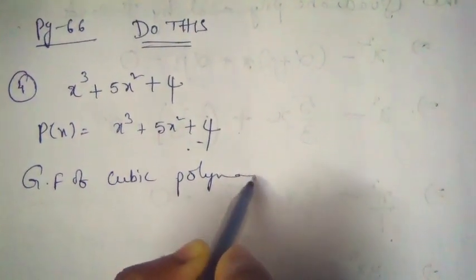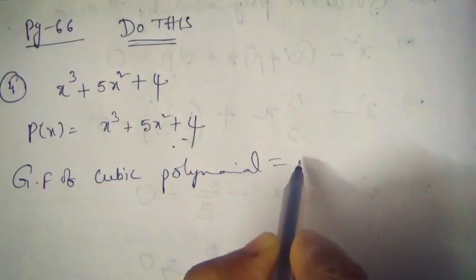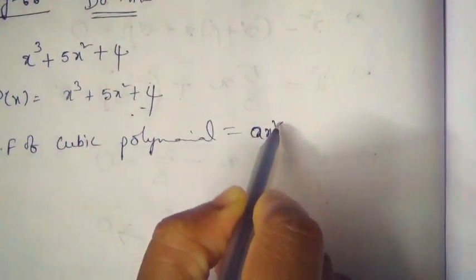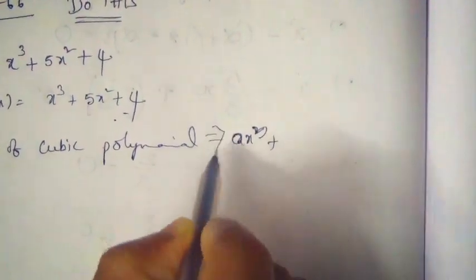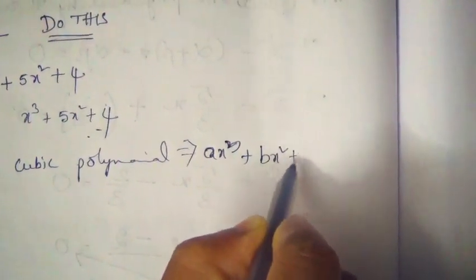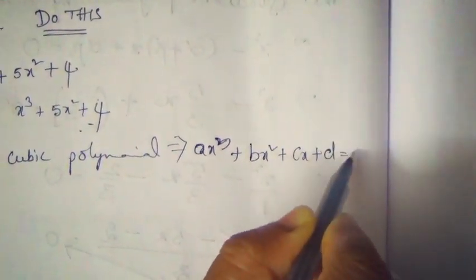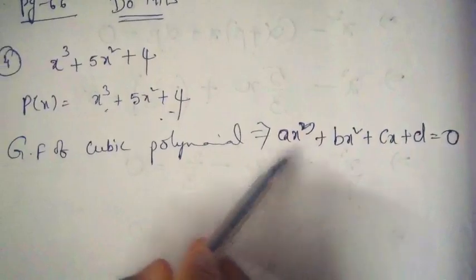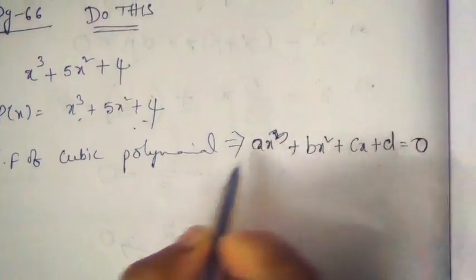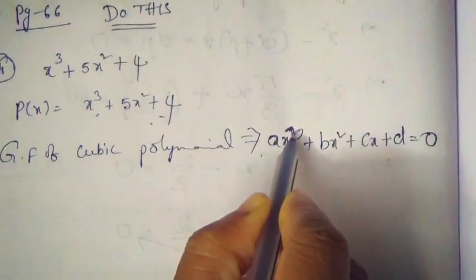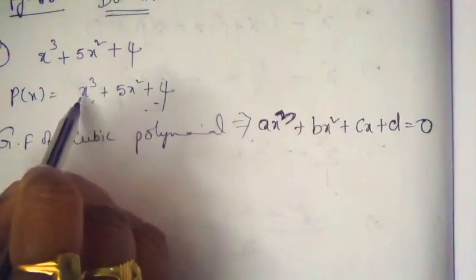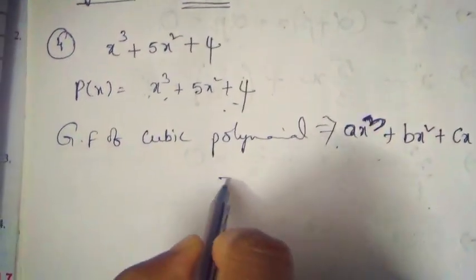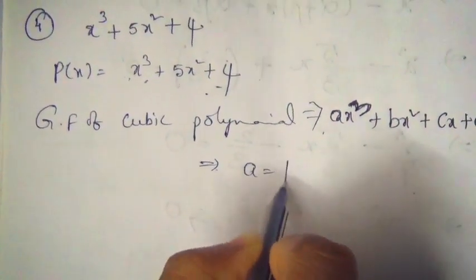The general form is ax cube plus bx square plus cx plus d equals 0. You just compare this with the given polynomial. What is the coefficient of x cube here? 1, right? Hence from above, a is equal to 1.